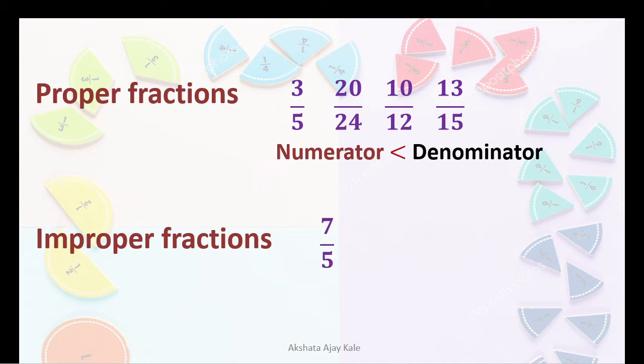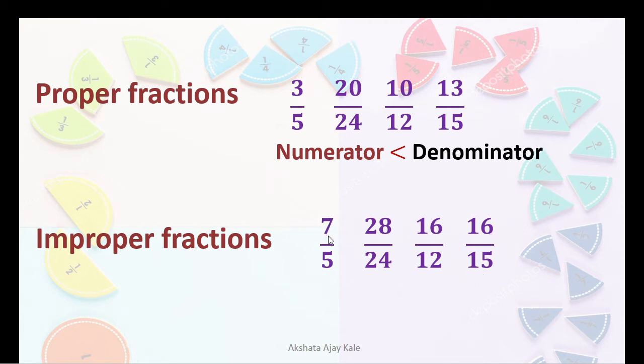7 upon 5, 28 upon 24, 16 upon 12, 16 upon 15. Yes, here you can see that the numerators are bigger than the denominators.